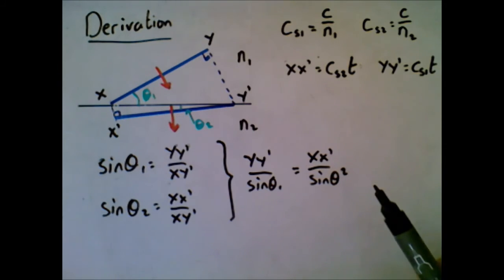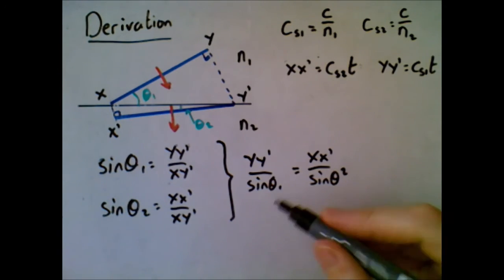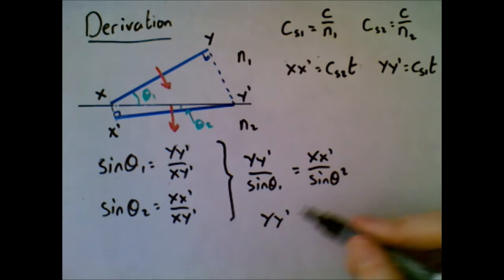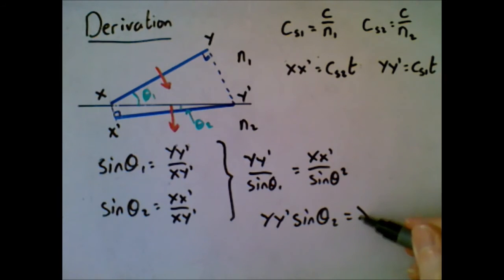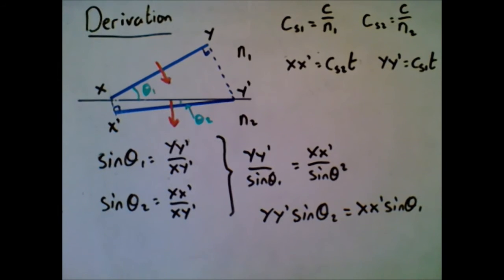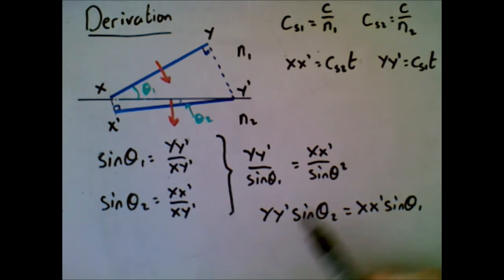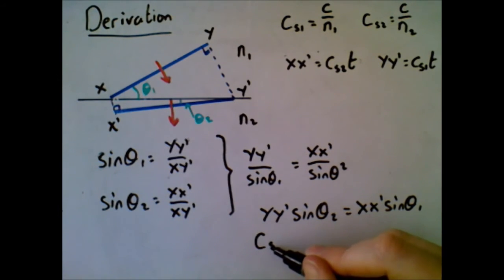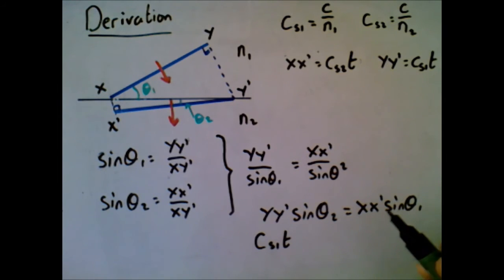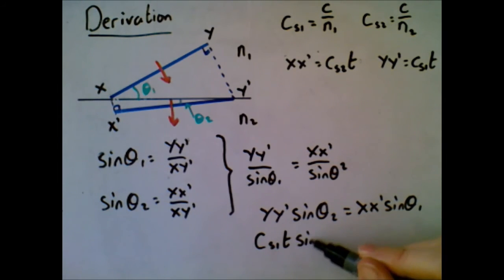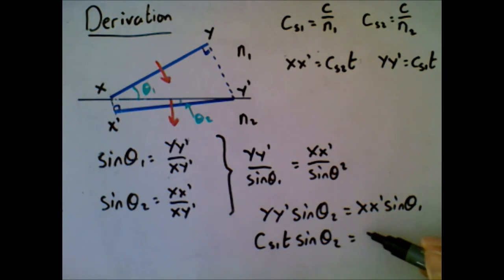Okay, now just to make this a bit easier, I'm going to cross multiply it all. So I've got y prime times sine θ2 equals x prime times sine θ1. Right, y prime we had from up here is cs1 times t, times sine θ2, equals cs2 times t times sine θ1.